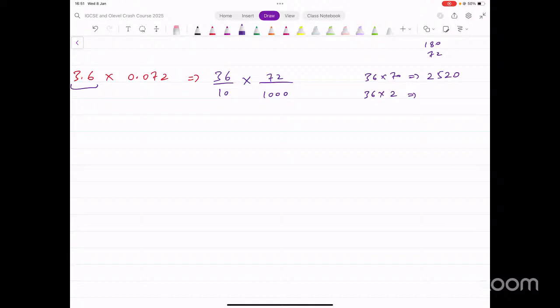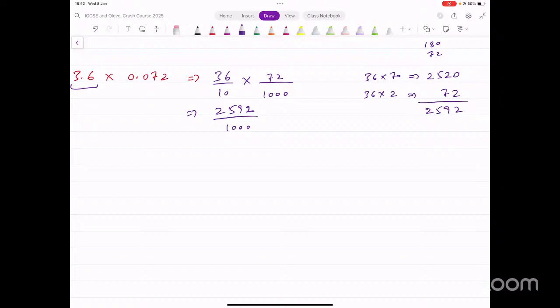And then 36 times 2, if you do that separately, that is 72. Add these two up together, you get 2592, and that's the final result in the numerator here. 2592 divided by 1000. And now you can put those decimals there.